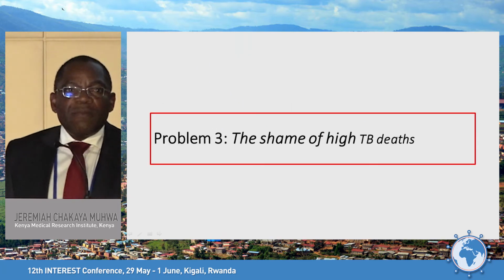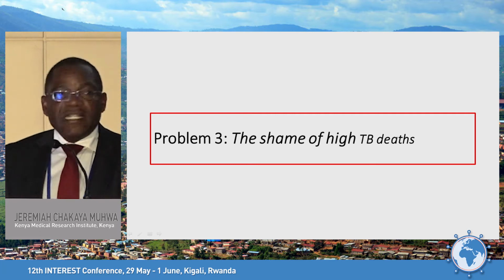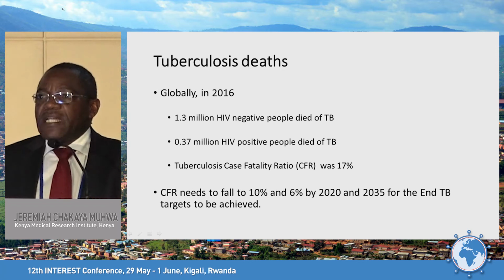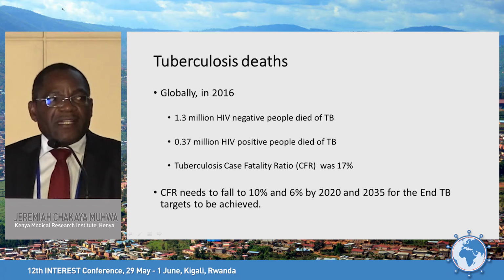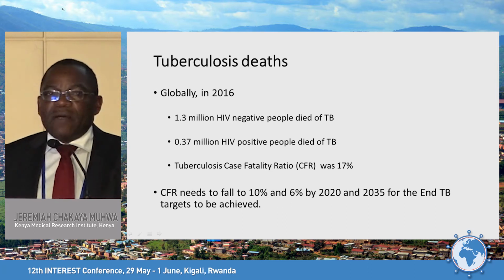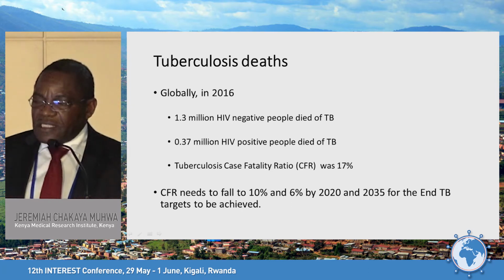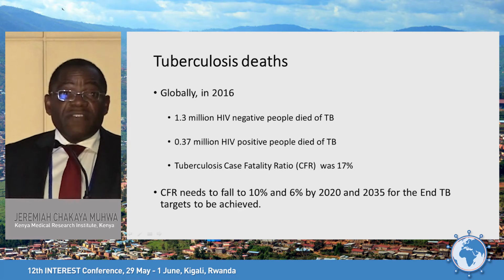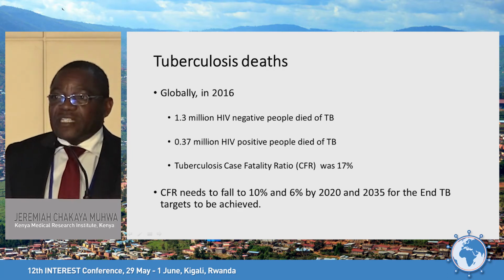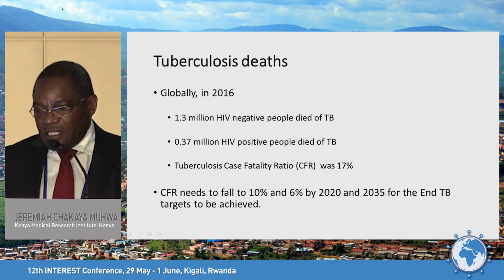Then we have the problem of high TB deaths. At this moment in time, we have already said 1.7 million people are dying. The case fatality ratio, which is the proportion of incident cases that die, is very high. Globally, it is at about 17%, and it's much higher in the African continent. It's actually in the 20s.